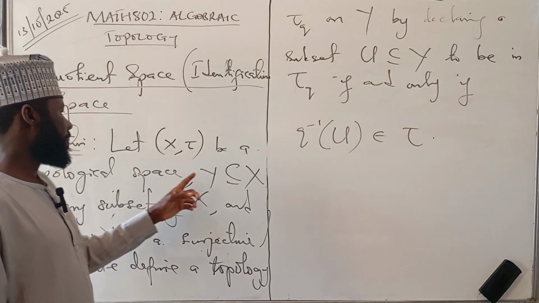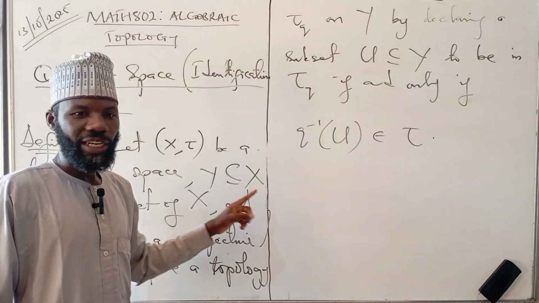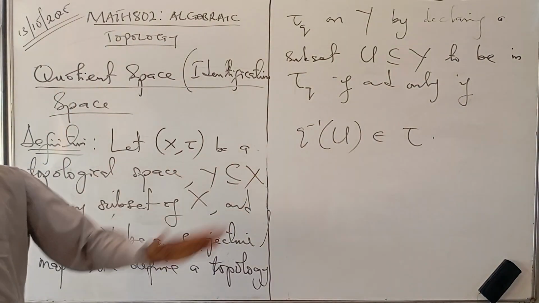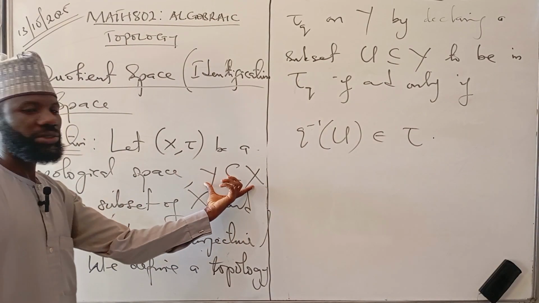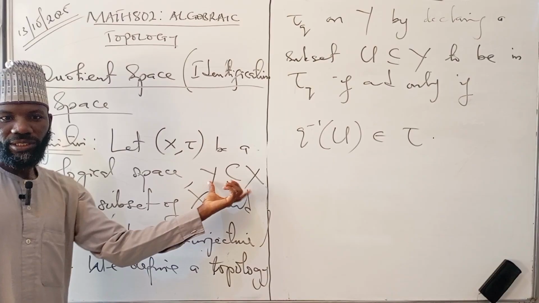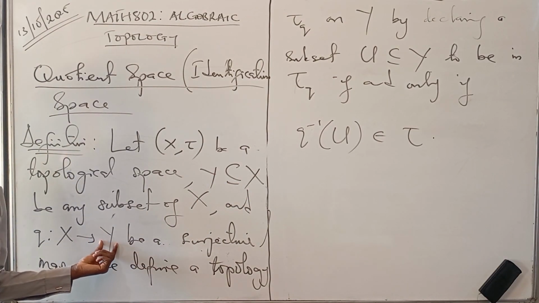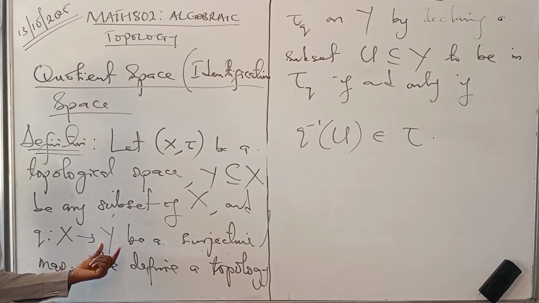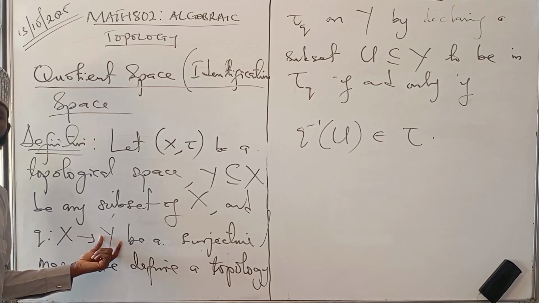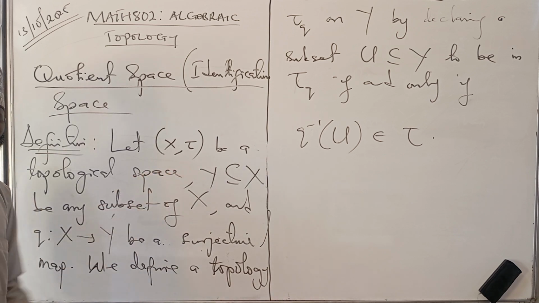In fact, I can remark that this Y doesn't have to be, in general, a subset of X; it can be just a set. This definition is not actually depending on the fact that you have a subset. Even if you just have a topological space and a set without any topology on it, with the help of an onto mapping from the topological space onto the set Y, this set Y may not have anything to do with X. You can always define this topology.